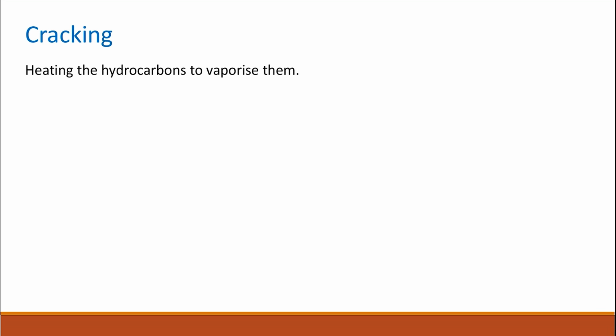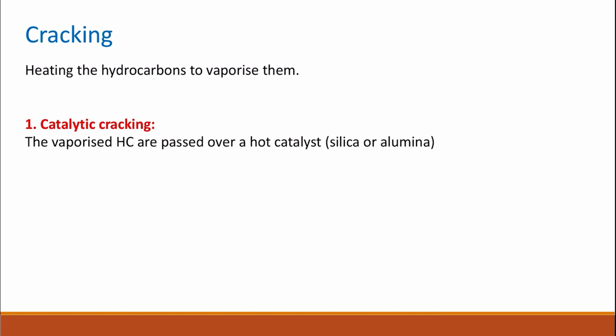In cracking, the hydrocarbon is heated until it's completely vaporized, and then it can be broken down using catalytic cracking, where the vaporized hydrocarbons are passed over a hot catalyst such as silica or alumina, where they are broken down to give you shorter chain hydrocarbons.